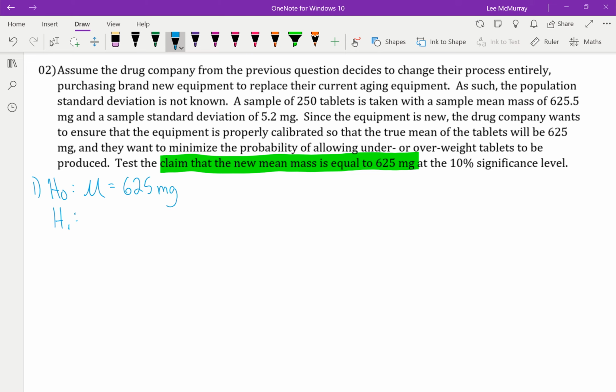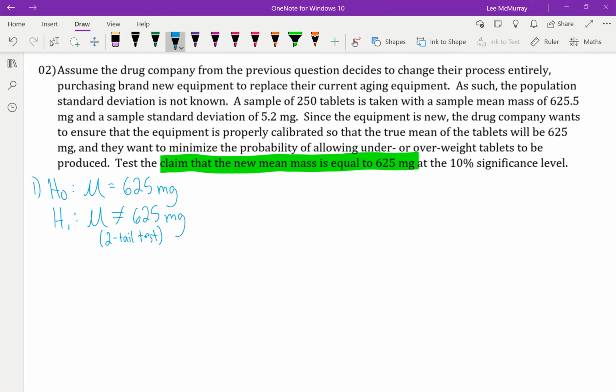And if the claim is that it's equal to 625 milligrams, the alternate option would be that it's not equal to 625 milligrams. So again, we've got our two-tail test here. And that makes sense here because the weight of the medication could be too high or too low, which would both have unintended consequences potentially, right?